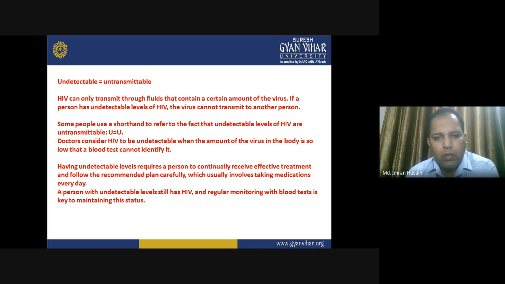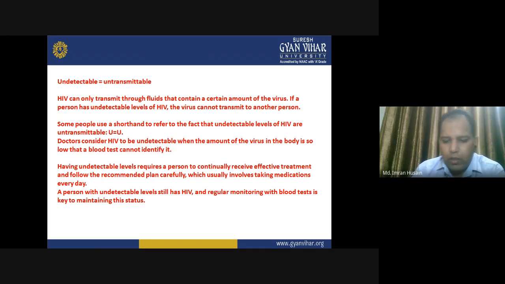Having undetectable levels requires a person to continually receive effective treatment and follow the recommended plan carefully, which usually involves taking medications every day. A person with undetectable levels still has HIV, and regular monitoring with blood tests is key to maintaining this status.